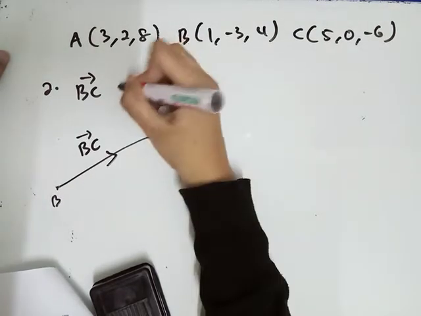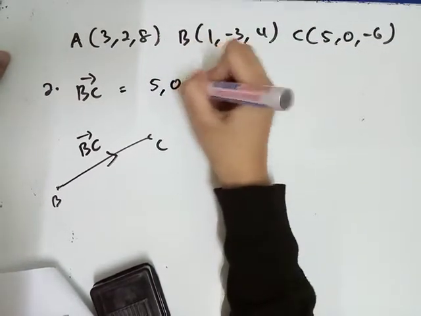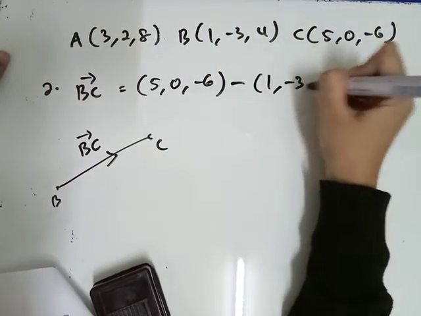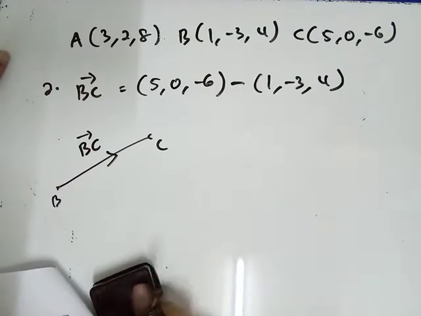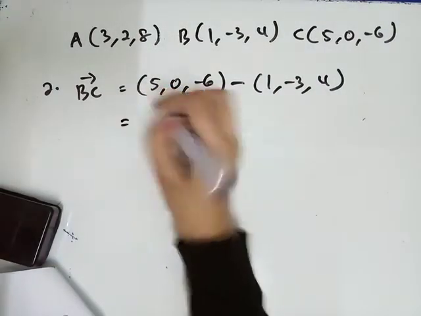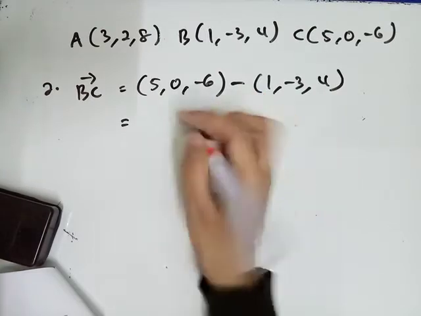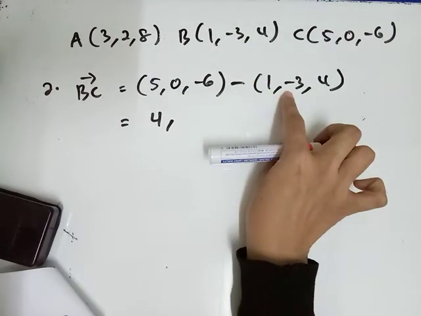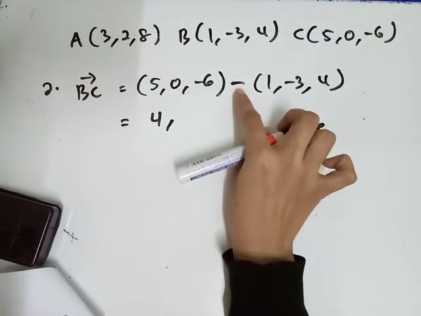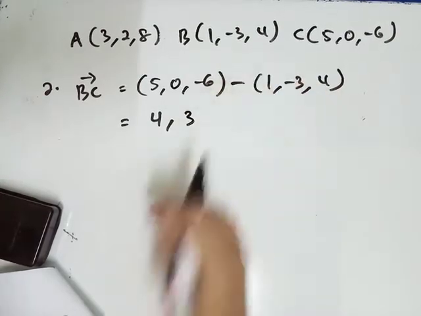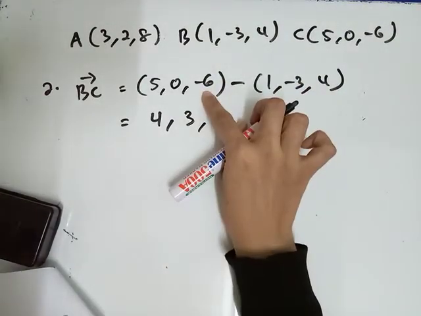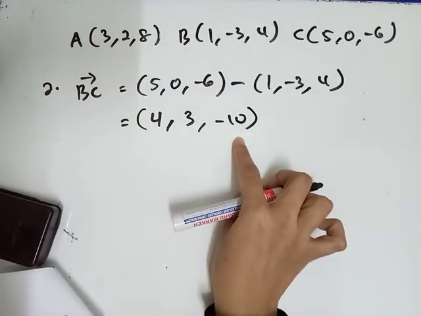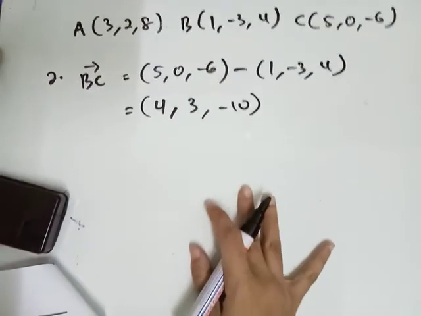So point C is (5, 0, negative 6) minus B, which is (1, negative 3, 4). Calculate: 5 minus 1, we get 4. 0 minus negative 3, negative negative should be positive, so 0 plus 3, we get 3. And then negative 6 minus 4, we get negative 10. So this is vector BC, the position vector BC.